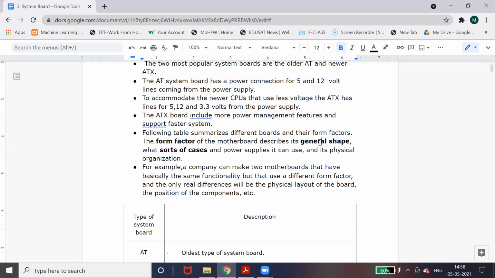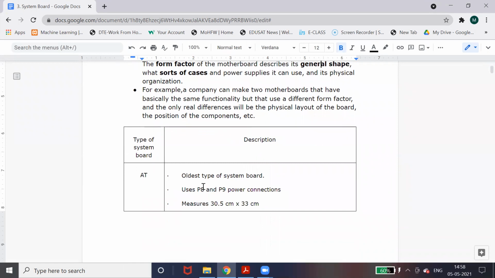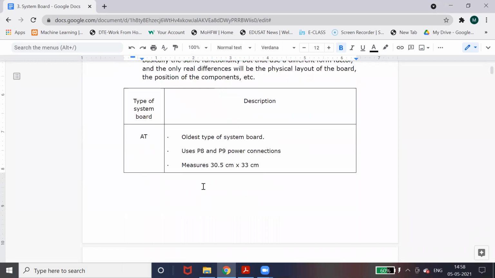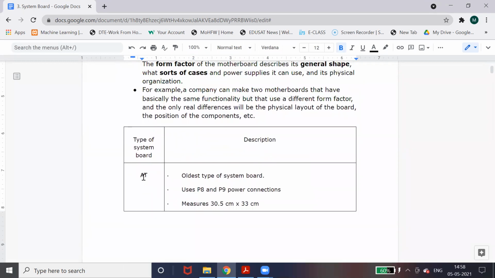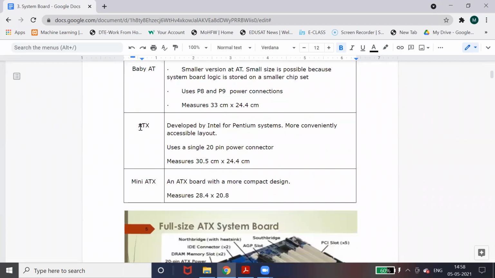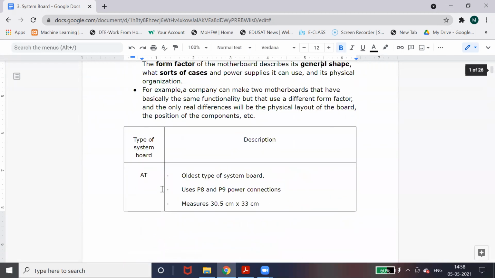The form factor decides the shape of the motherboard, the power supply, power connections and cables. Now we will see the different types of motherboards: one AT, another baby AT, third ATX, and fourth mini ATX. These are the four major form factor types of system board.